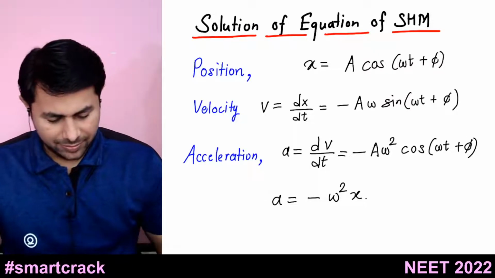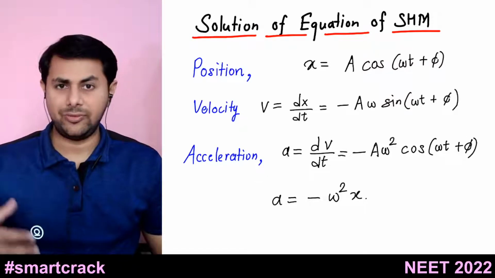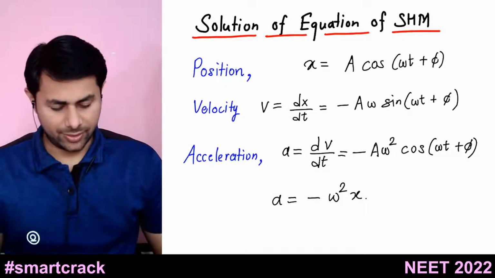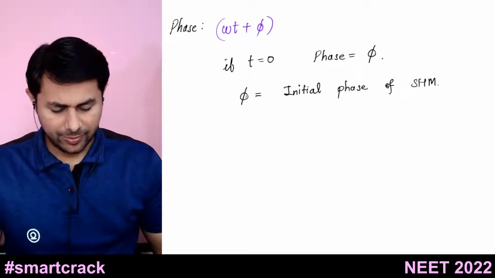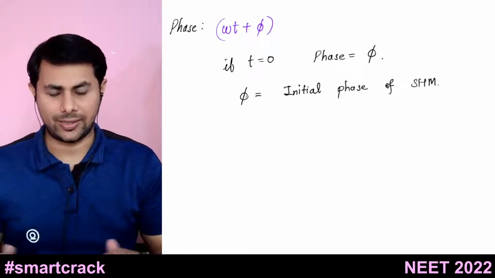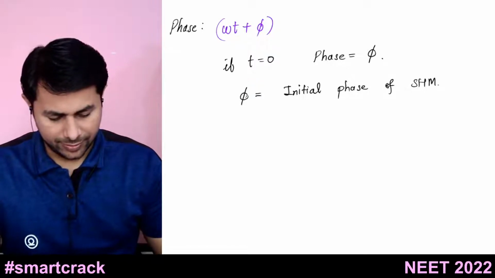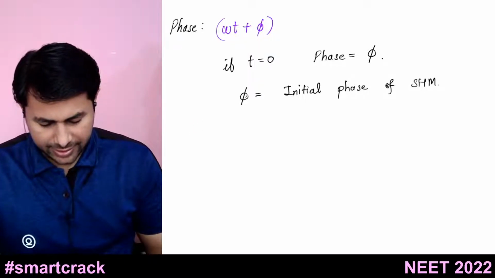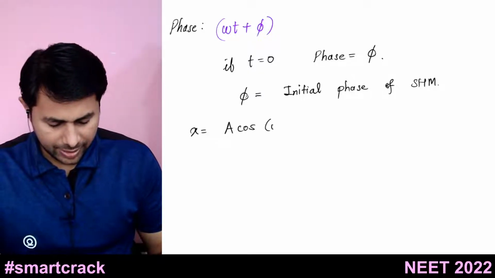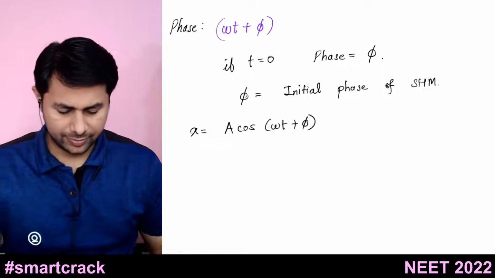So now let's see what this means. At t equals to 0, if you take phi also equal to 0, then from what position will your particle start? Let's consider x equals to a into cos of omega t plus phi.